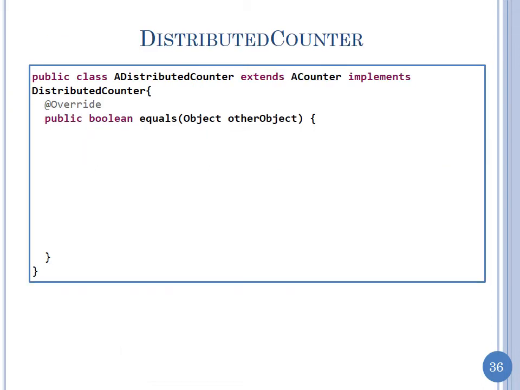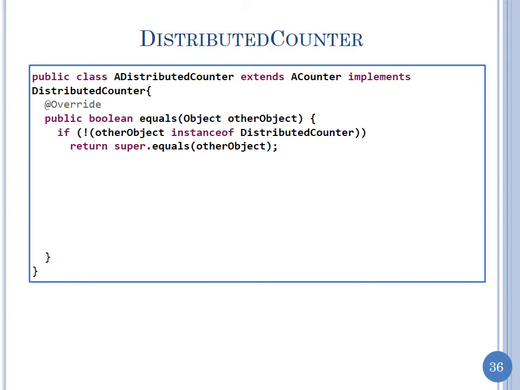We're going to create a distributed counter that extends a counter, and like I said, the interface is distributed counter, which has the same headers as counter, except that it has the throws clause in it. So we say, if it is not an instance of distributed counter, that means it's not a proxy, and we do whatever our superclass does. The superclass will check if it's an object or a counter, and will appropriately make the comparison, which is correct.